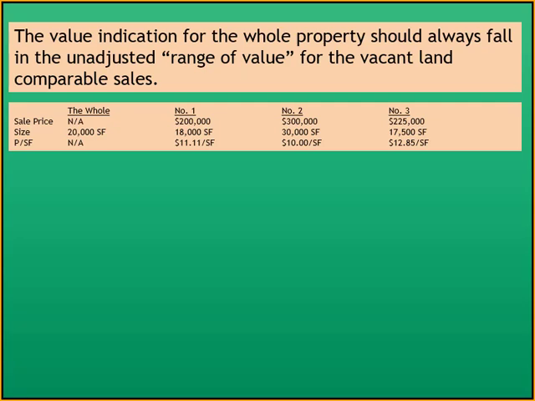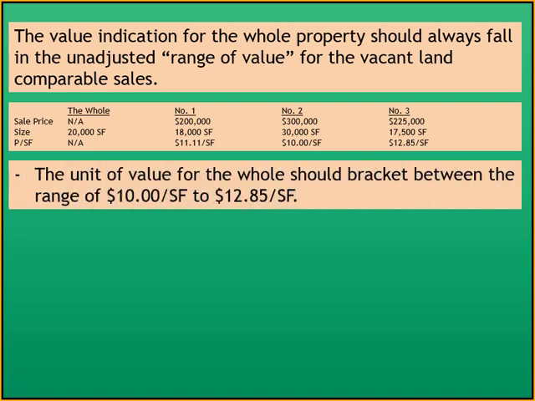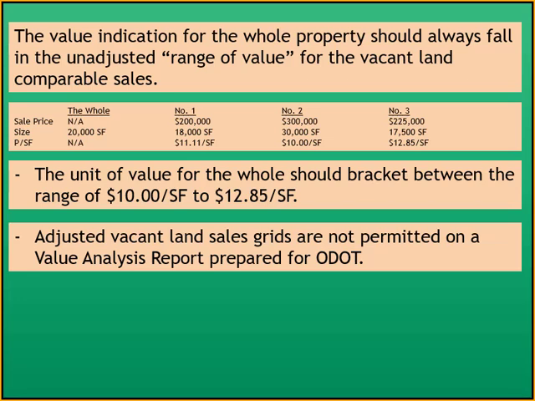Sale 2 sold at $10 a square foot, and sale 3 sold at $12.85 per square foot. The unit value of the whole should bracket between that range of $10 to $12.85 a square foot. Adjusted vacant land sale grids are not permitted on the value analysis report that's prepared for ODOT.